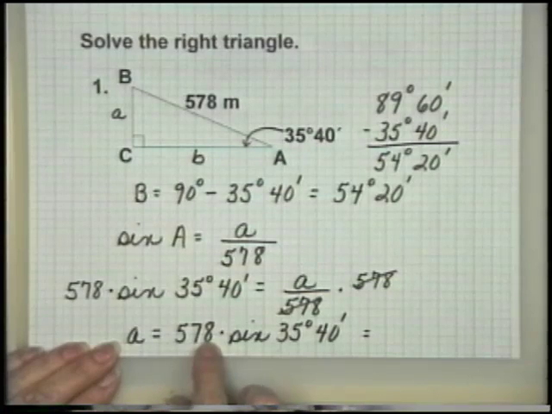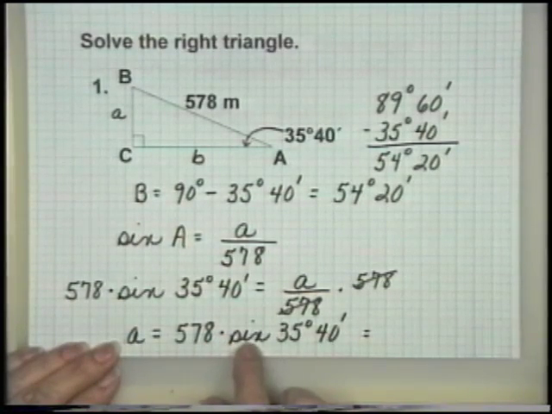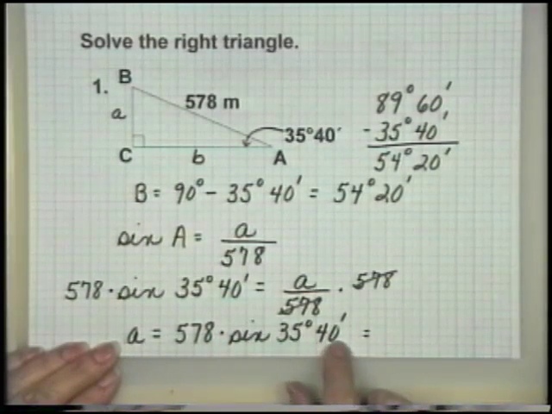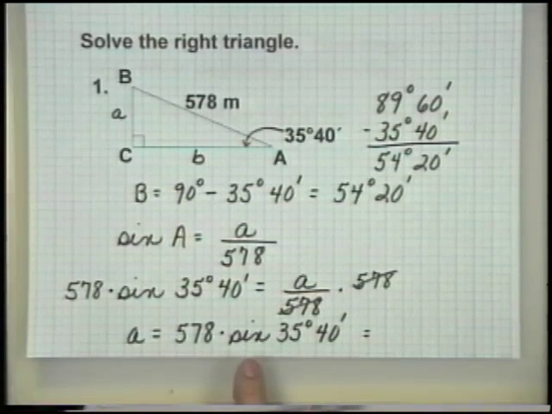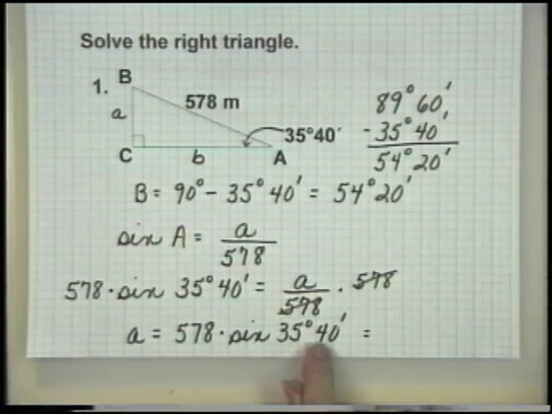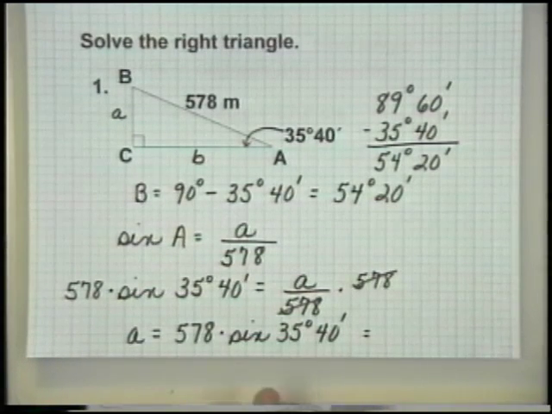So what we want to do is to take 578 and multiply it by the sine of 35 degrees 40 minutes. Now, since your angle is in degree mode, you'll want your calculator in degree mode, and you're going to have to calculate what the sine of 35 degrees 40 minutes is.